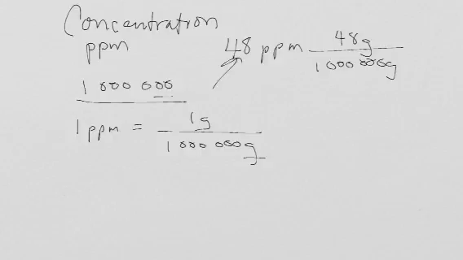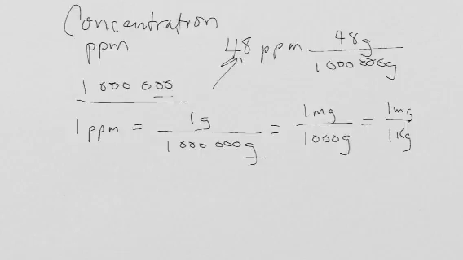Saying 1 gram in 1 million grams is exactly the same thing as saying 1 milligram in 1,000 grams, or 1 milligram in 1 kilogram. How many grams go in a kilogram?